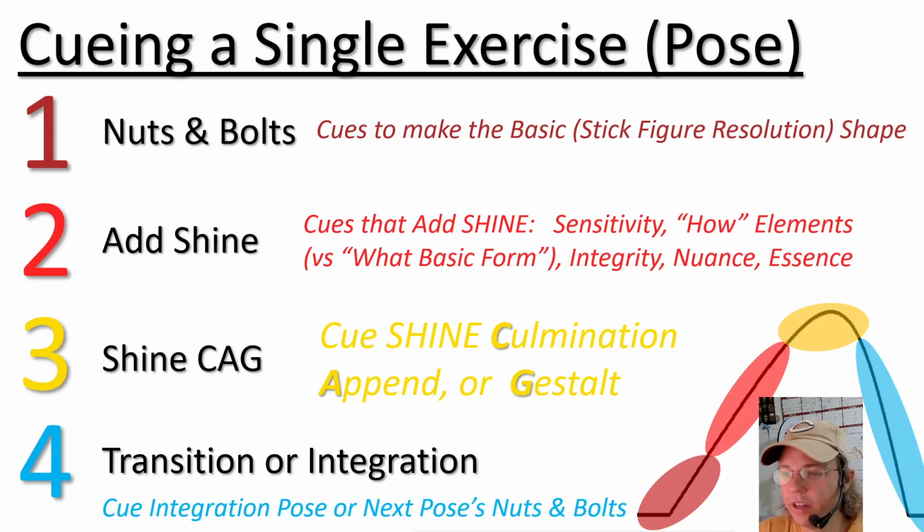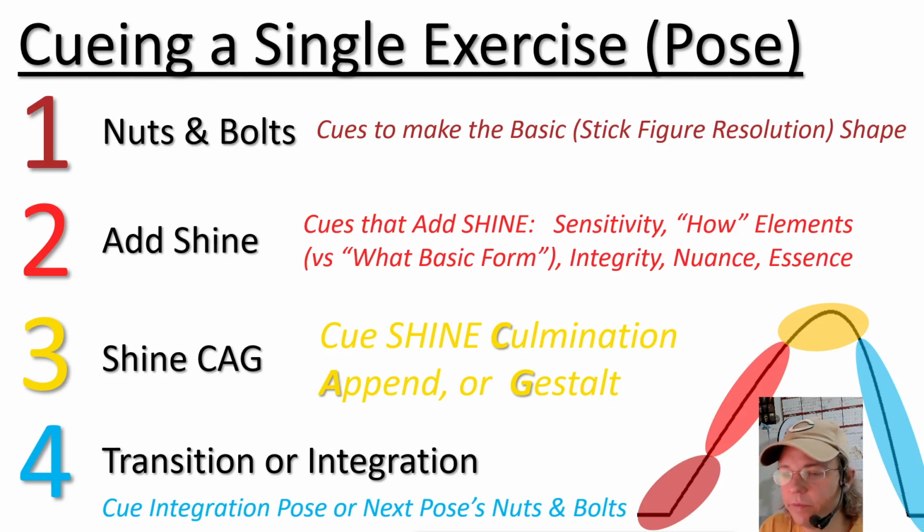And so if you get stuck on this, if that's a little too general to cultivate, then just think of what are elements of sensitivity, elements of integrity or nuance or essence that I might add. But really, simply, this is just where you would cue things that aren't the basic shape.